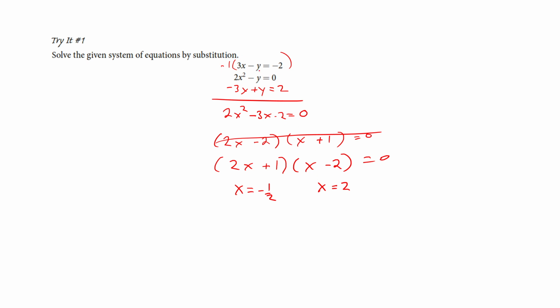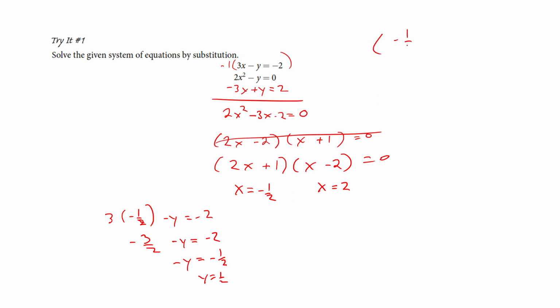Now I'm going to put this back into the linear equation here to make sure I don't mess anything up. So I get negative 3/2, send that to the other side. So y is going to be 1/2 for that one.